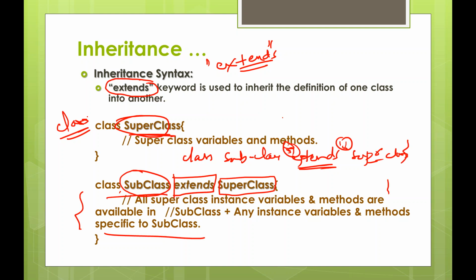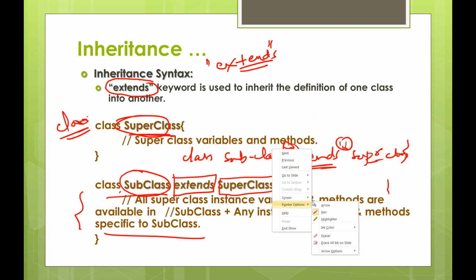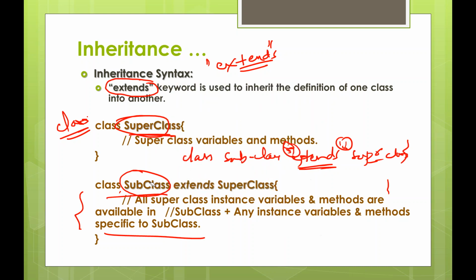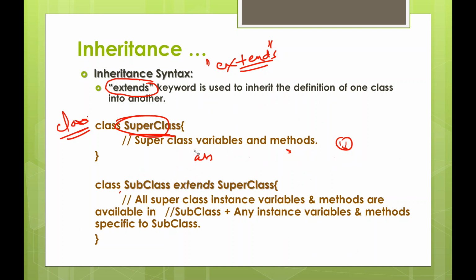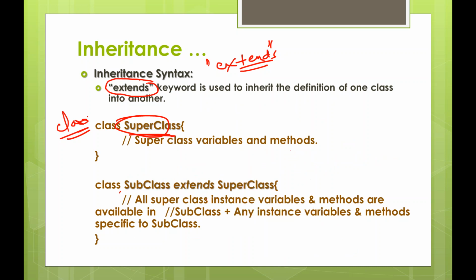But an important thing to note here: what are the things that we will be able to see inside the subclass? All the instance variables and methods in the superclass.